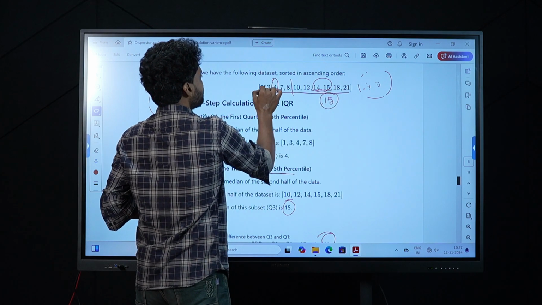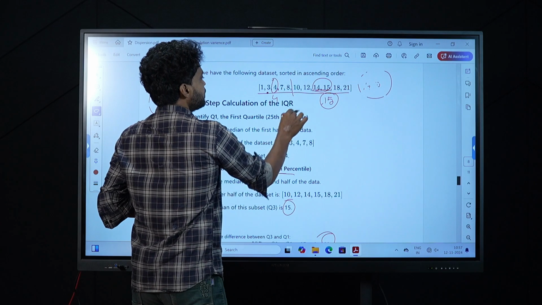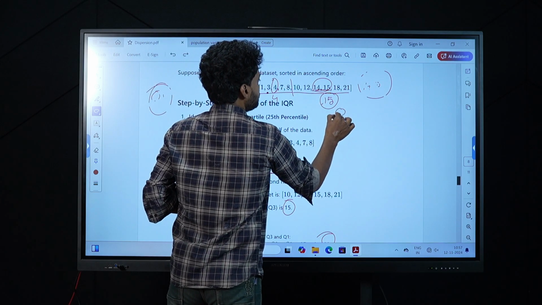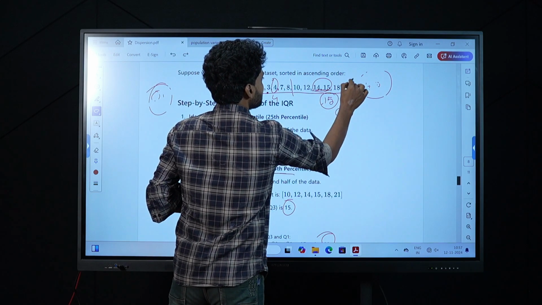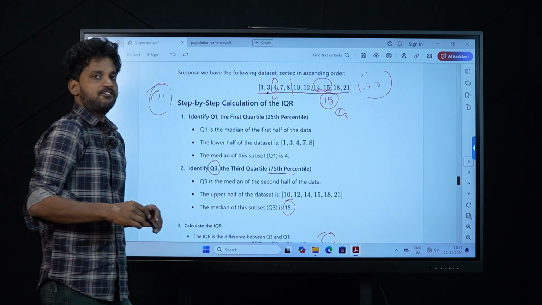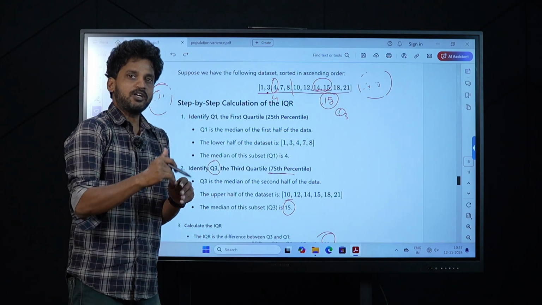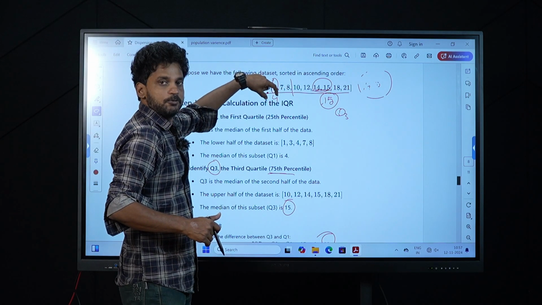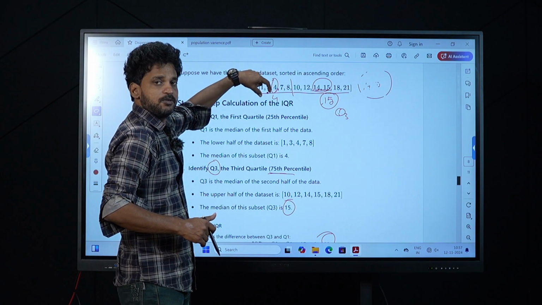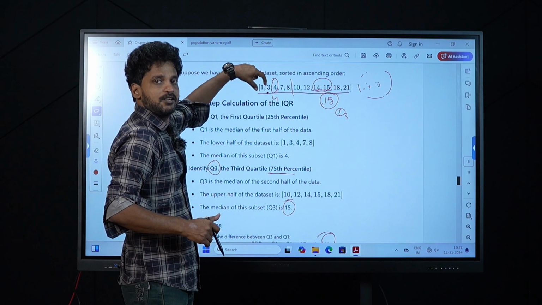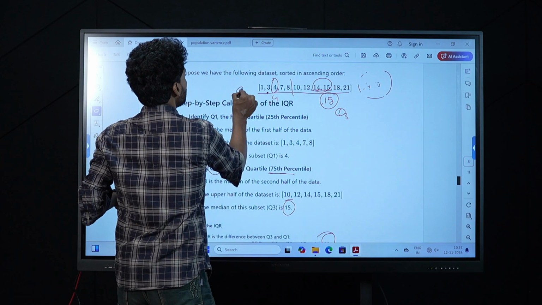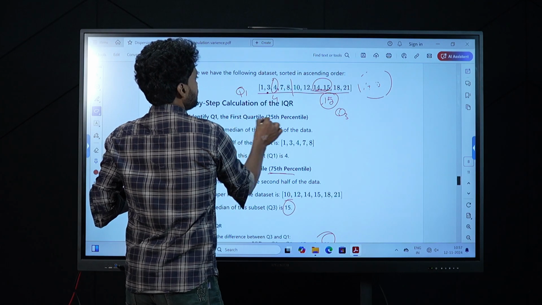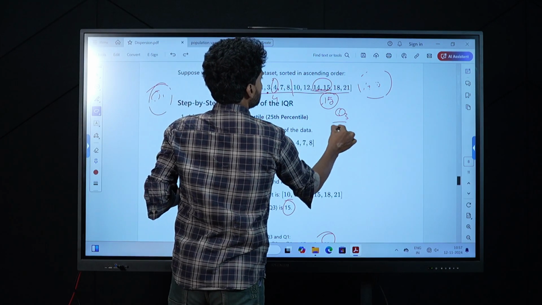The mean for the first half is equal to 4. The mean for the second half is called Q3 because it is falling at the 75th percentile. 75th percentile will be falling under quarter 3. And this 4 is the 25th percent, which will be falling under Q1. This is quarter 1, the first quarter, and this is the third quarter.